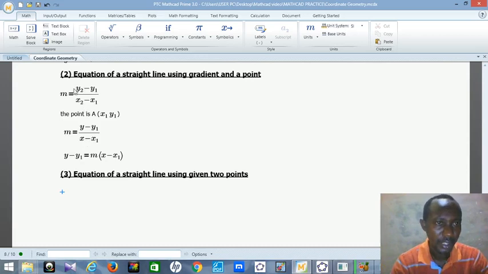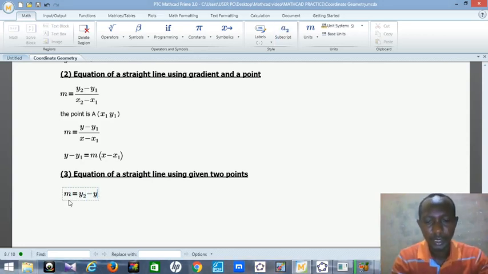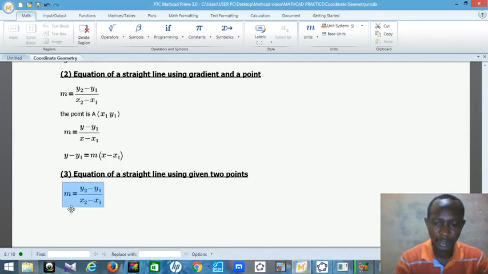You still use the same formula. So we also start with m, which is the gradient, is y2 minus y1, you divide by x2 minus x1. So this is the same formula we are using, but 2 points are given.